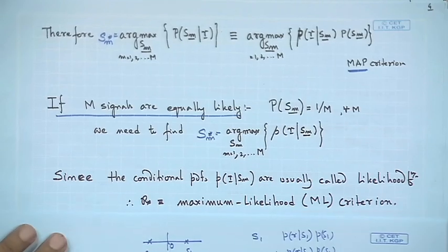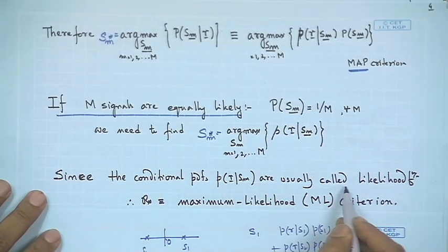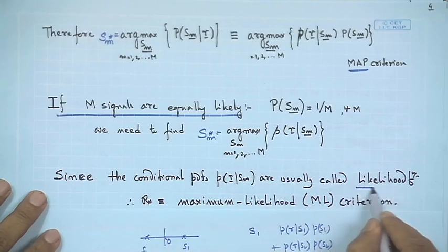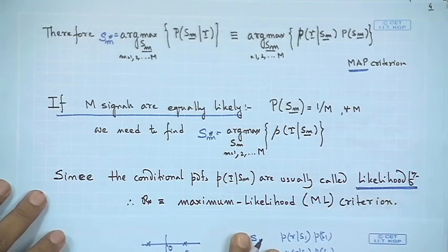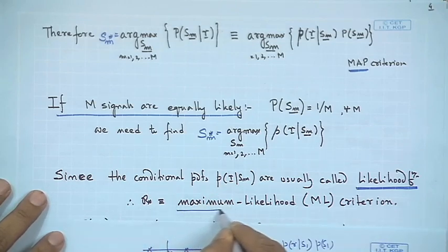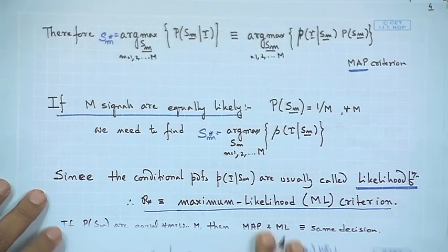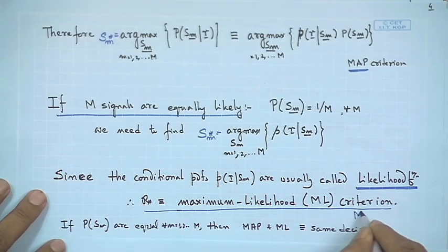Since the conditional PDF P of R given Sm is usually called the likelihood function, I can briefly tell why we call it the likelihood function. Therefore, the receiver is known as the maximum likelihood criteria receiver. You can also write it as the ML receiver.